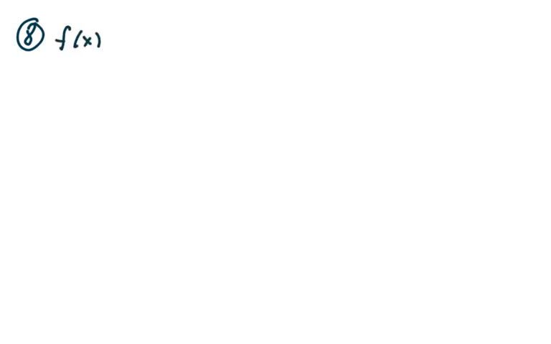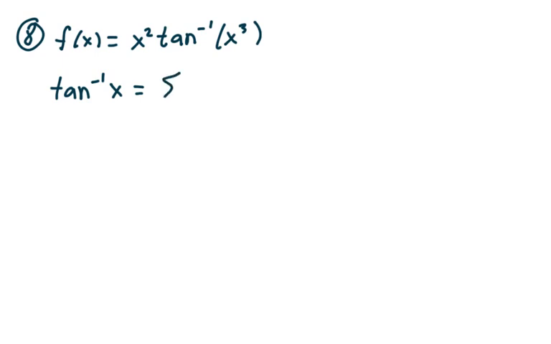Suppose we have f of x is equal to x squared arctangent of x cubed. And we want a power series. Now, arctangent of x is the summation from n equals 0 to infinity of negative 1 to the n times x to the 2n plus 1 divided by 2n plus 1.